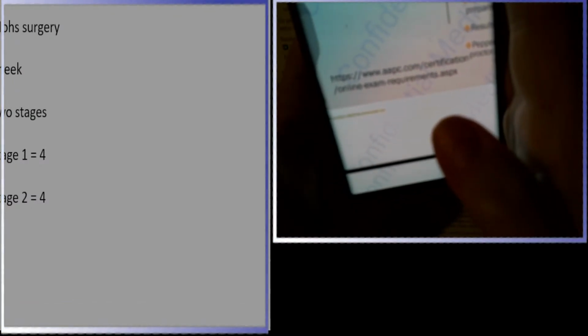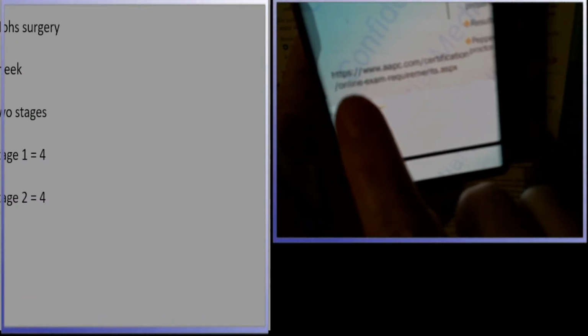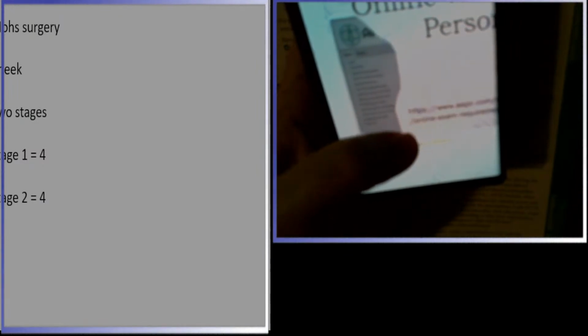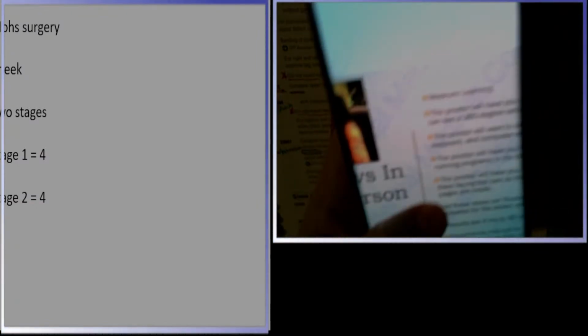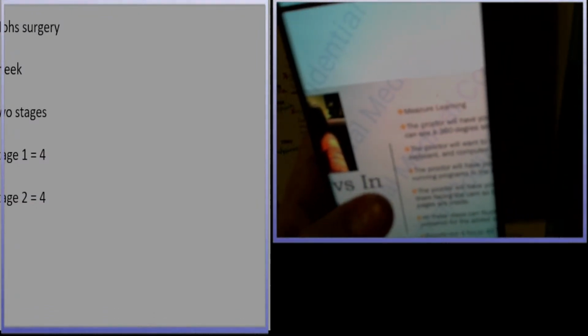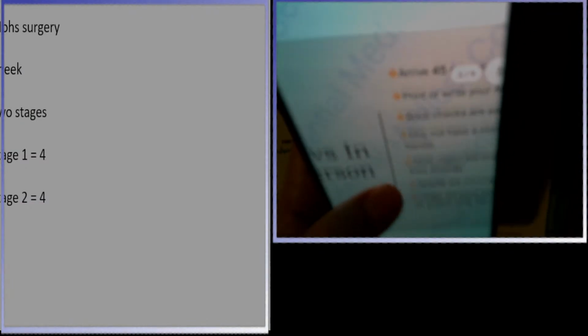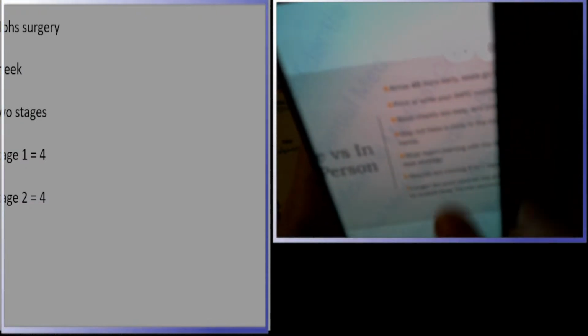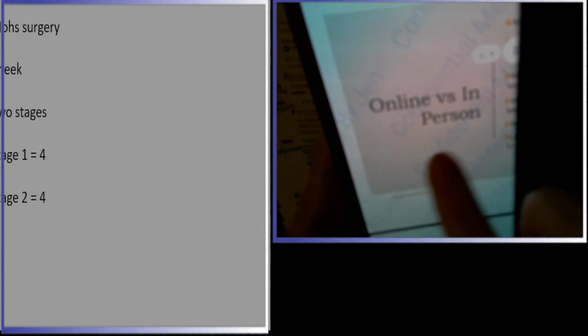Sorry, it's a camera looking through another camera, and it's really terrible. If you're going to take your exam online, you have to make sure it's scheduled through the measure site. If you're going to go in person, you do not need to know that info. Sorry, I should have been more specific. And if you're going to take it in person, I had a slide on that and the steps you need for that too.